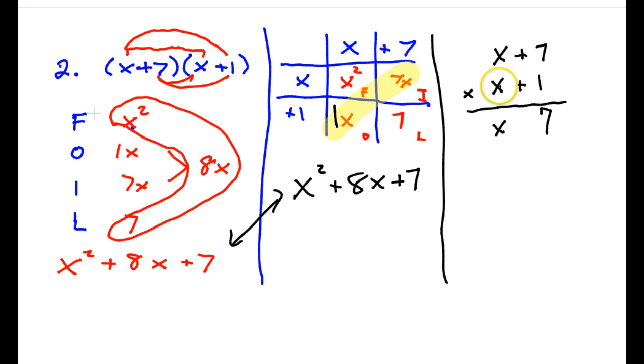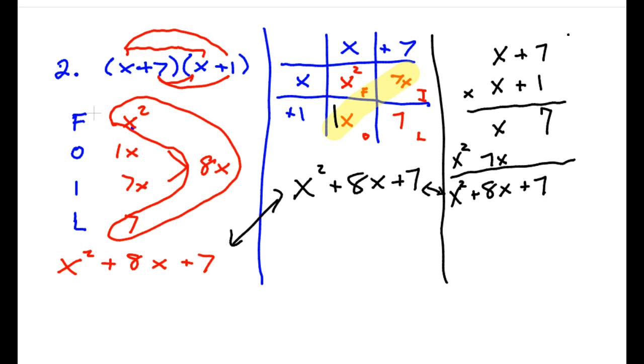Then do the tens here. 7 times x, 7x. And x times x gives you x squared. And just like a long time ago, you just add up all the columns. X squared, 8x, and plus 7. So again, any method gives you the same answer.